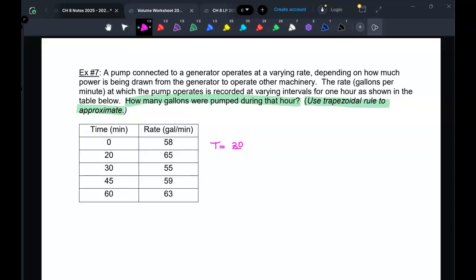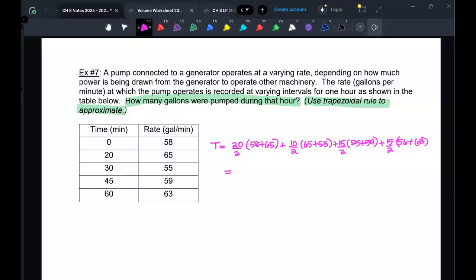So 20 over 2 times 58 plus 65, 10 over 2 times 65 plus 55, 15 over 2 times 55 plus 59, plus 15 over 2 times 59 plus 63. Go ahead and add that up.